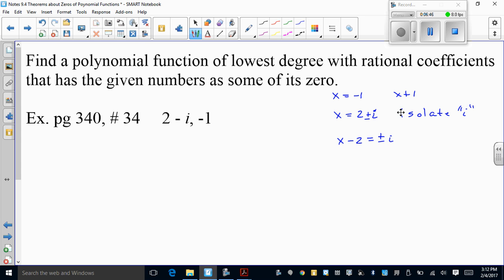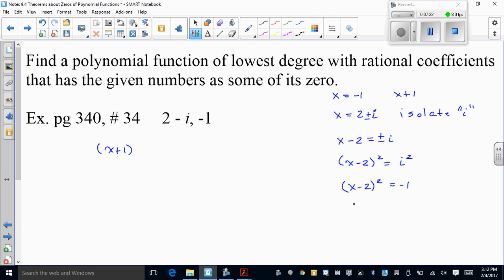Okay. Now square both sides. x minus 2 squared equals i squared. But i squared we know is negative 1. So we have x minus 2 squared equals negative 1. We're still not ready to bring it over with the x plus 1. We have to multiply this guy out. We have to expand him. But I'll give you the reminder since it's the first time in this video.